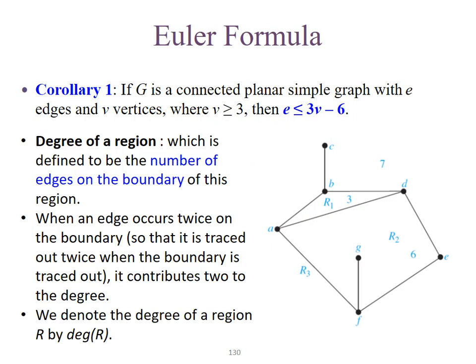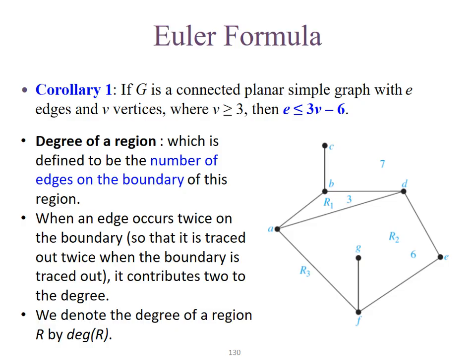Okay, so maybe we can see the previous example. When we calculate the summation over all regions, in this case 3 plus 6 plus 7, that will be the sum of the degrees of the regions. Actually, this number is equal to 2 times the number of edges.